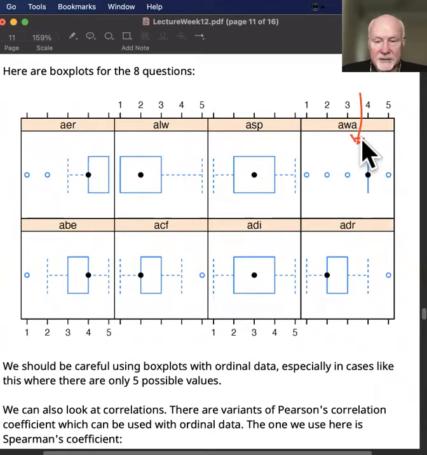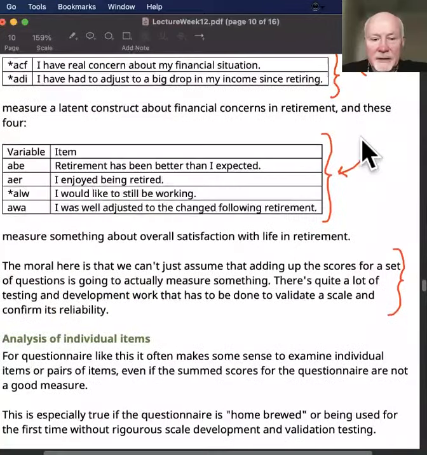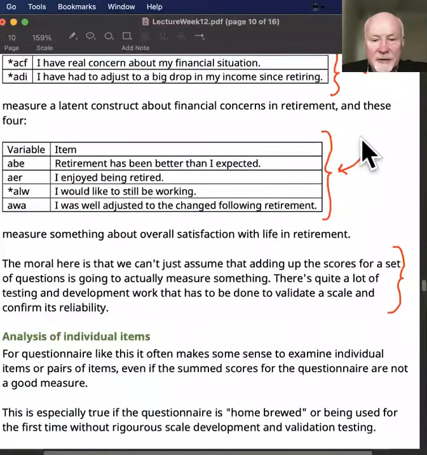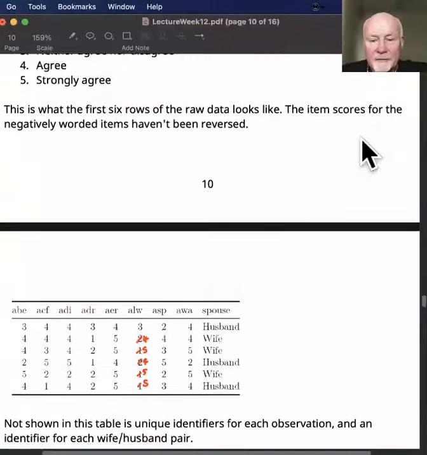AWA. So AWA is, where are we? I was well adjusted to the change, I presume the change it's meant to be following retirement.